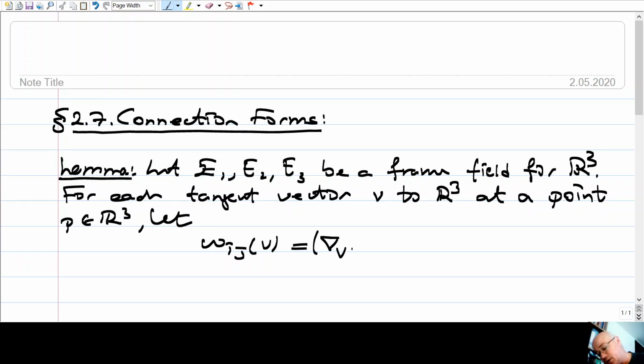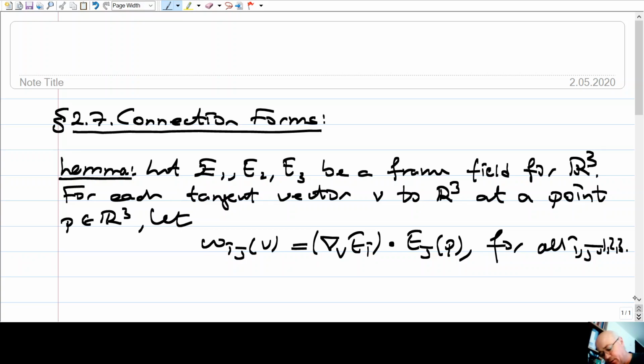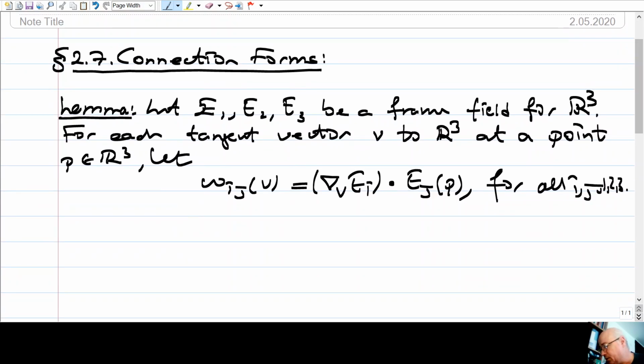So it is the covariant derivative of Ei along the vector V. This is a vector. And then we just take the dot product of this with the frame element Ej, for all i, j from 1 to 3. Okay, this is not a statement, just a definition.